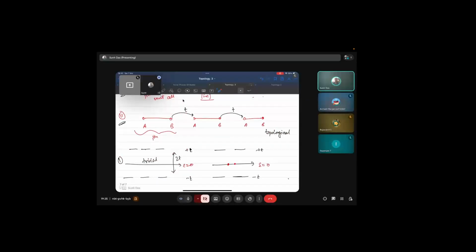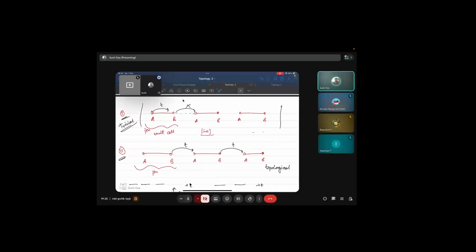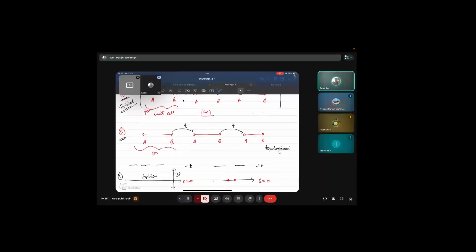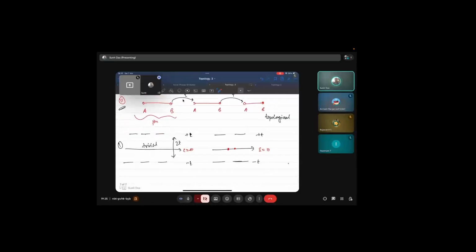So there are two energy levels corresponding to each unit cell. I have drawn three unit cells, so three plus T and three minus T.